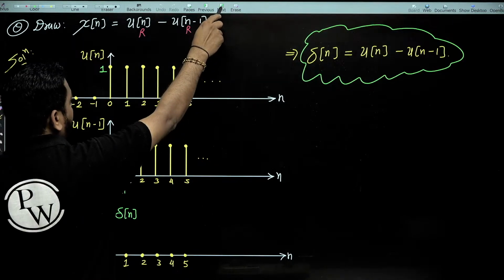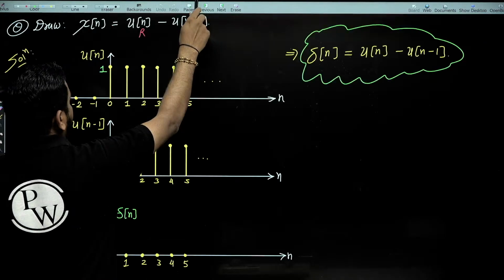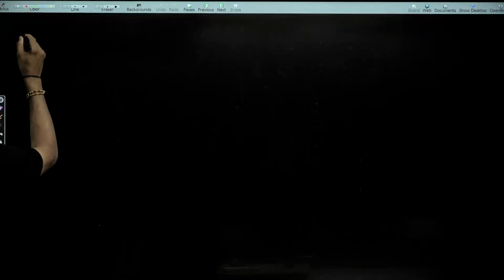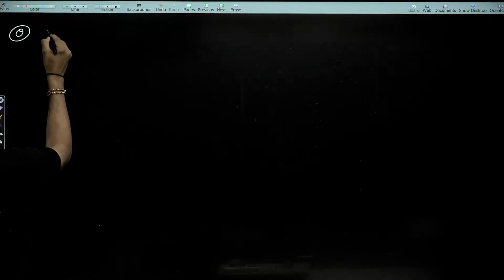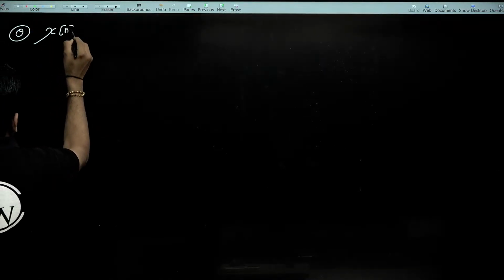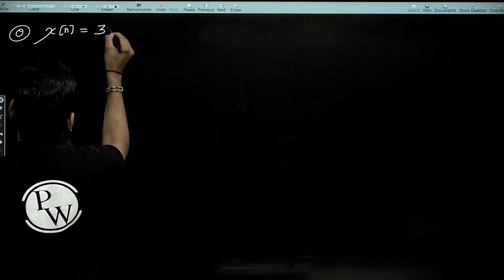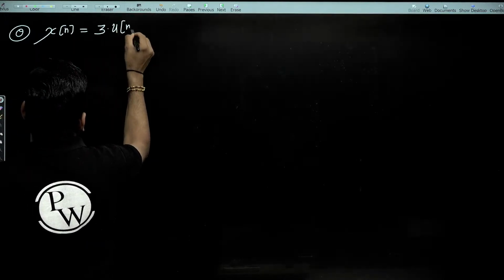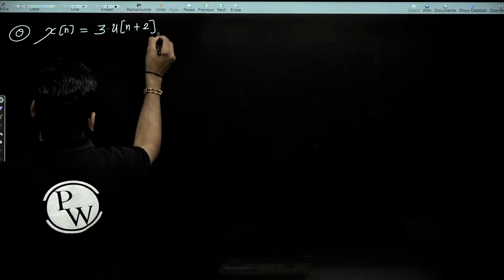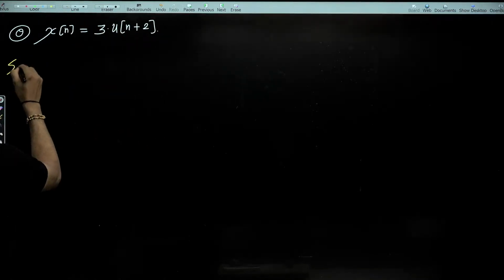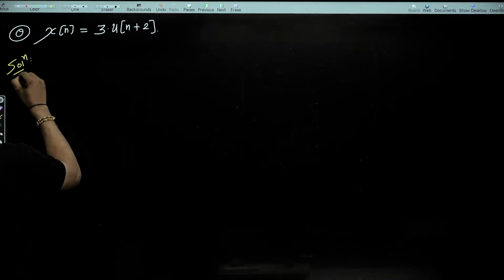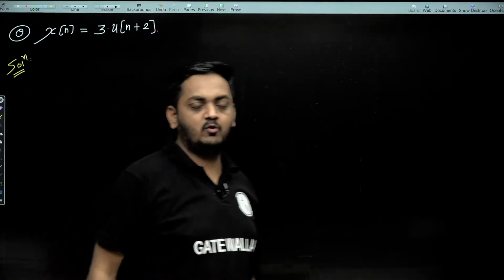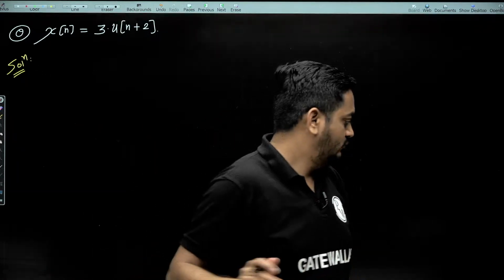And this is the premium content, guys. Now, suppose I am asking to draw x of n equal to amplitude 3, u of n plus 2. Tell me, is this right sided or left sided, and what will be the starting point?